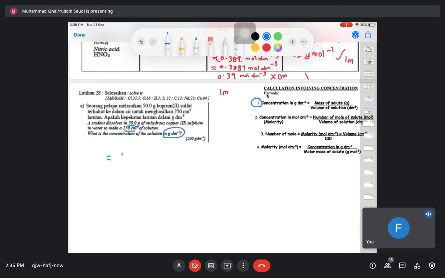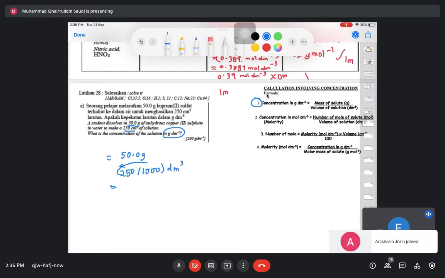So mass 50.0 gram divided by 250 per 1000 to change it to decimeter cube, and the answer will be 200 gram per dm cube. So this is 1 mark.